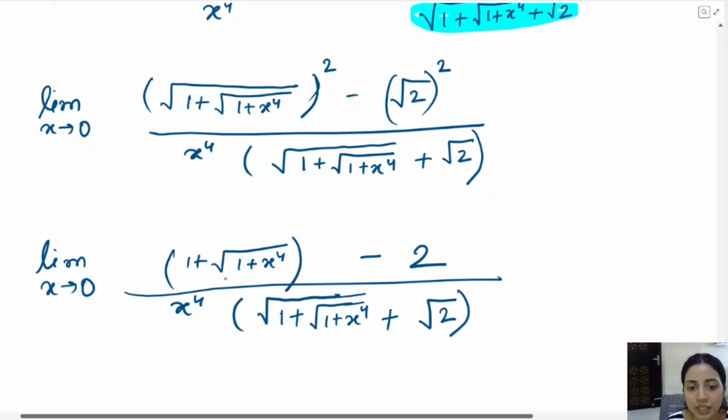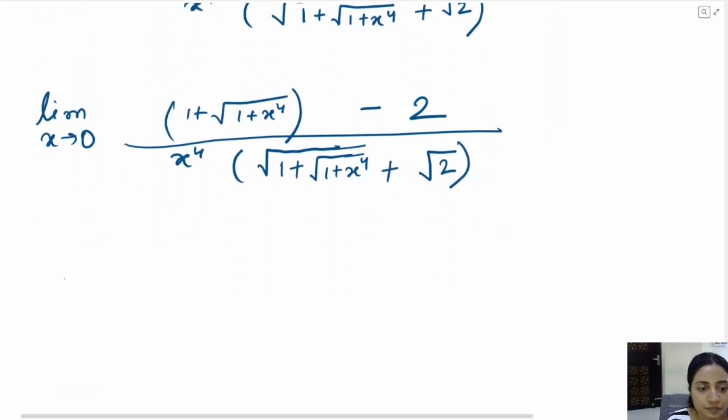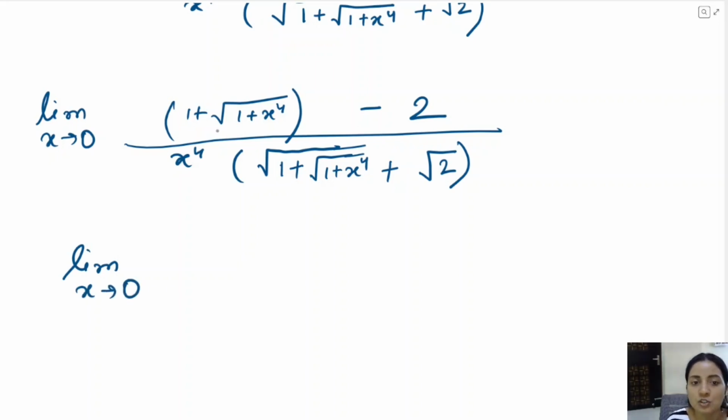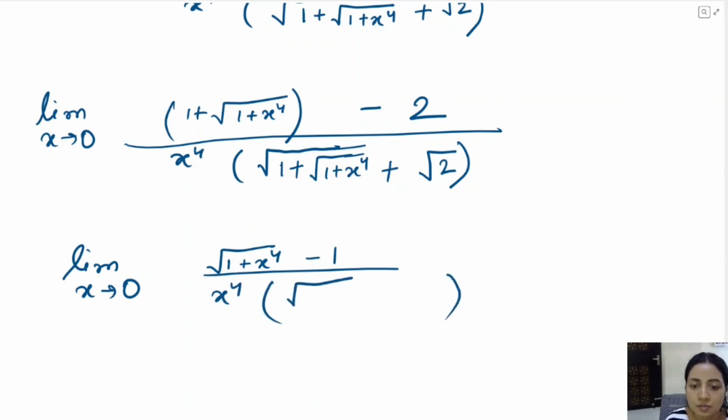Let's simplify the numerator. Limit x tends to 0. When we open the bracket, this minus 2 and 1 will get simplified together, and we will be getting minus 1. So root of 1 plus x to the power 4 minus 1 over x to the power 4, and the denominator we will copy paste.